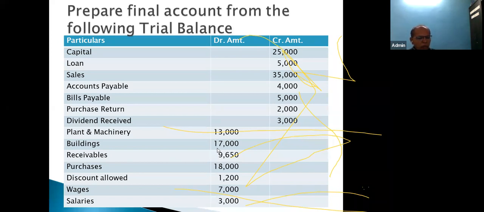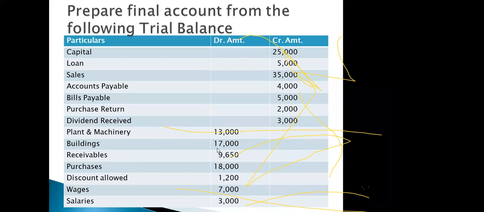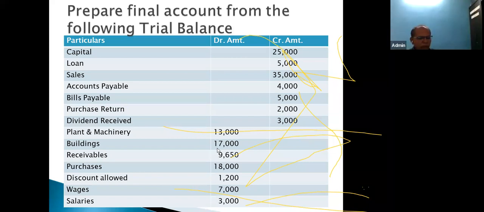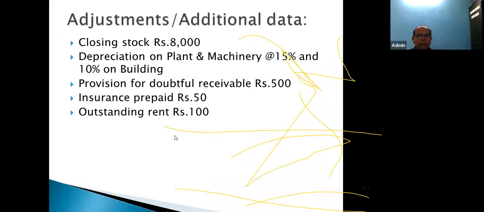So 1,700 goes from 17,000. The left out amount is 15,300. Am I correct? Write that amount, 15,300, in the amount column on the asset side of the balance sheet for building. So the second adjustment is done.